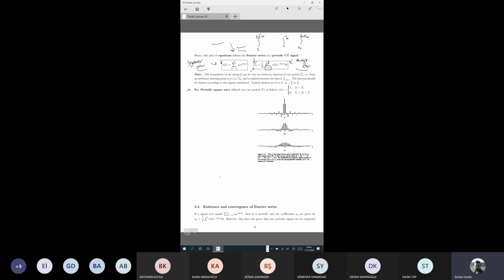Fourier series coefficients for the periodic square wave, which is defined over one period, as given that x of t is equal to 1 when absolute t is smaller than t1, and it is 0 otherwise within the period. So let me first start with plotting x of t.